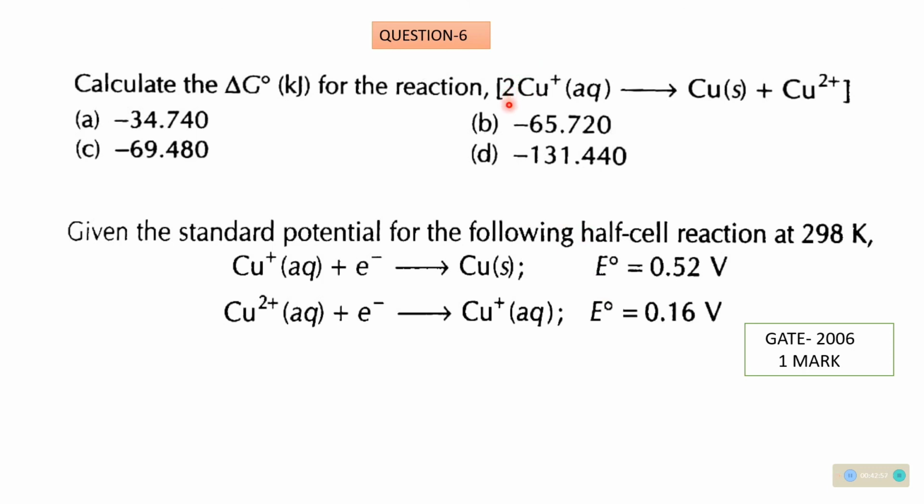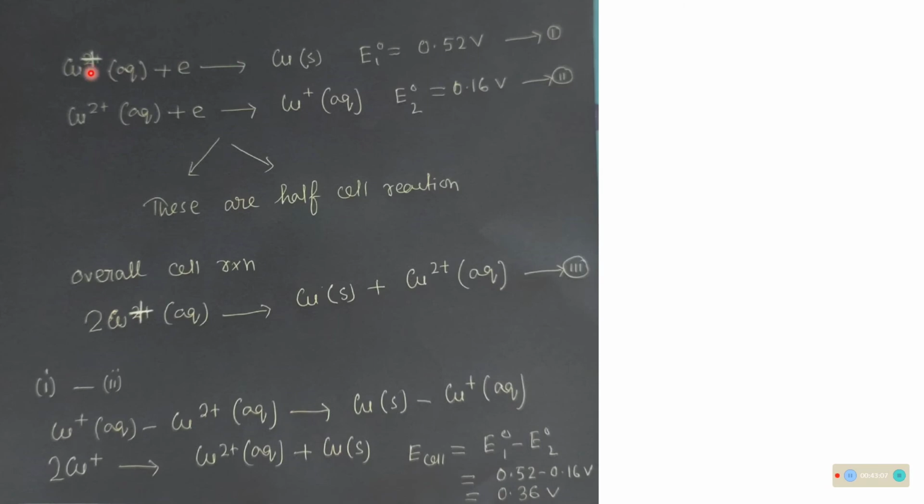To obtain this whole cell reaction, we have to do something, addition or subtraction. So let's see. The two half cell reactions are given with their corresponding values.